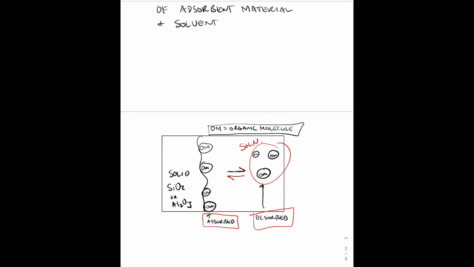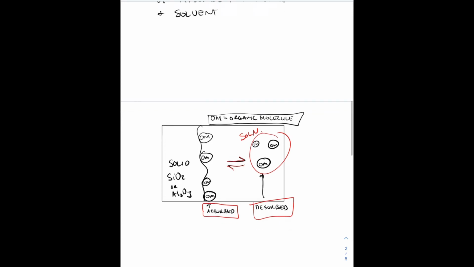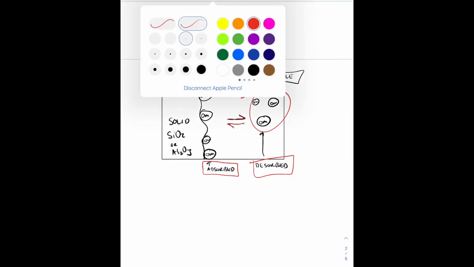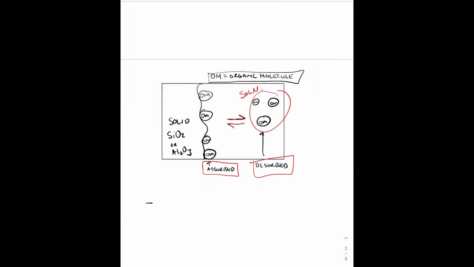Okay, and so what this allows us to do is very, very useful, and this allows us to separate organic substances. That's why chromatography is the separation of two or more organic substances.